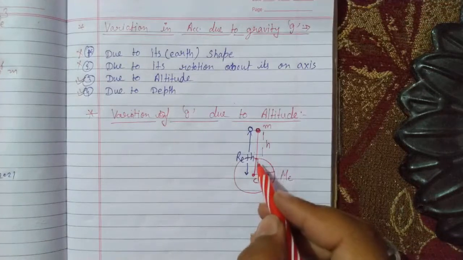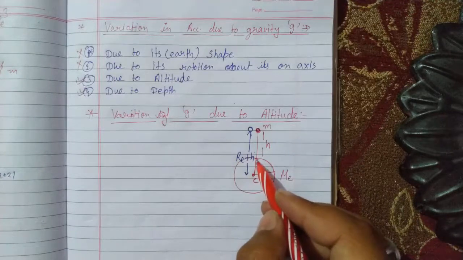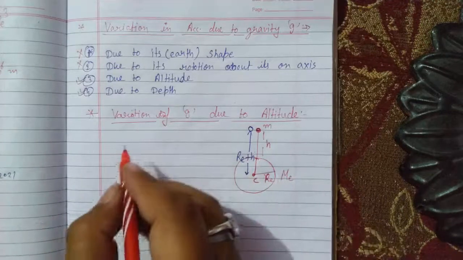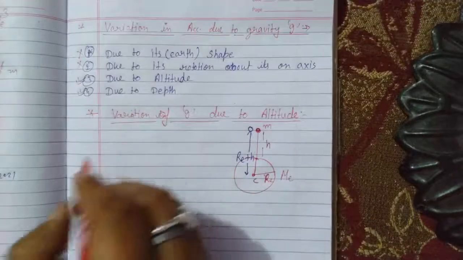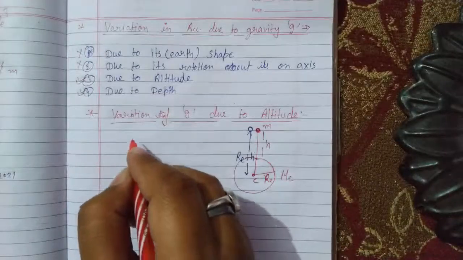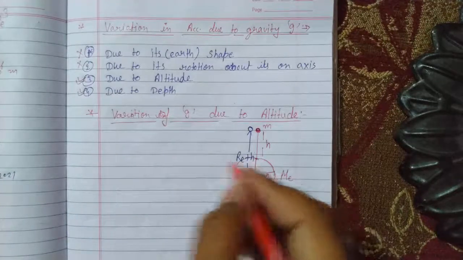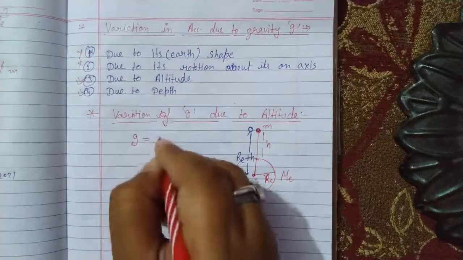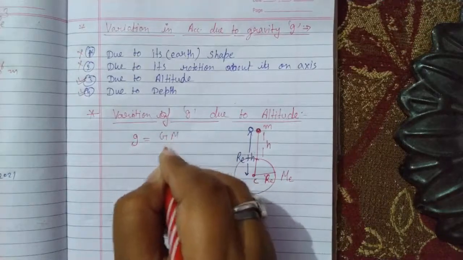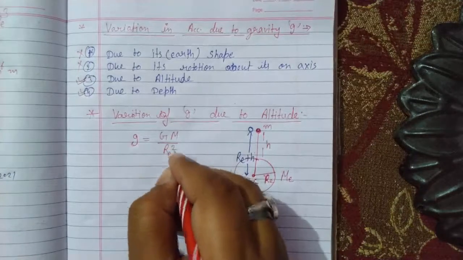Now for the initial situation, if the object is near or on the surface of the earth, the force of gravity acting on the particle is given by g equal to GM upon RE square.